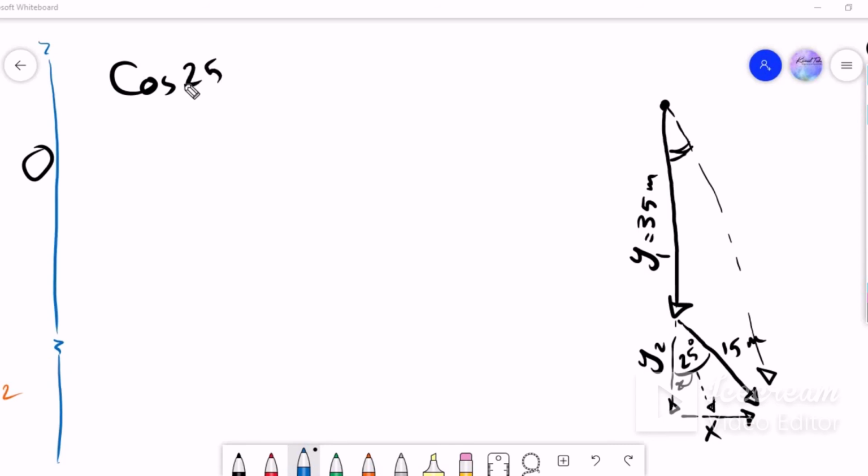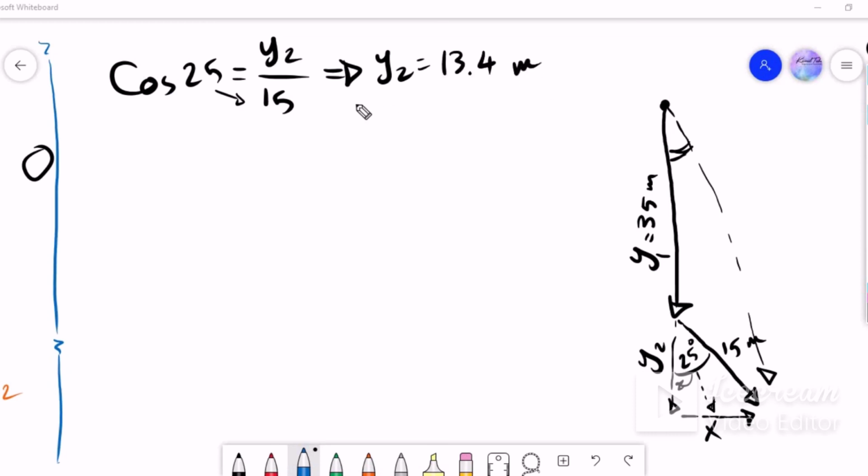Cosine 25 equals adjacent y2 divided by hypotenuse 15. Now y2 equals cosine 25 times 15 equals 13.4 meters. That is y2.